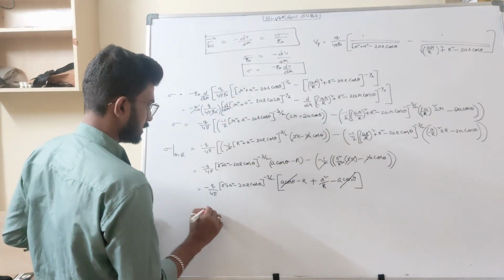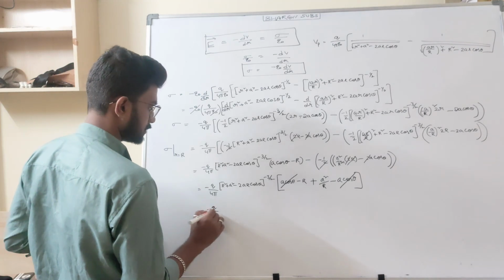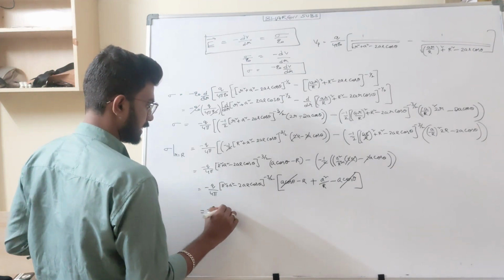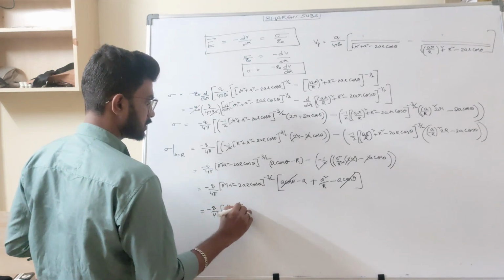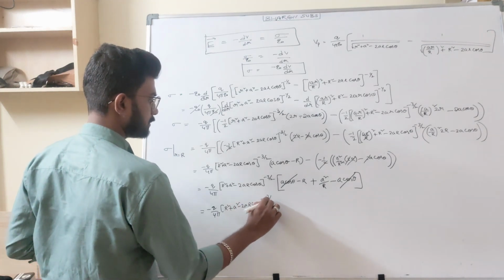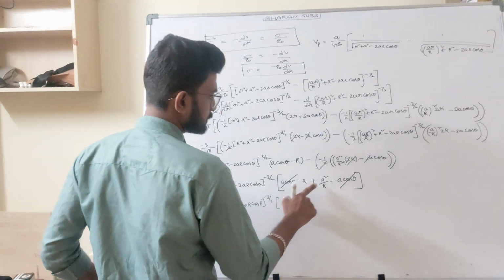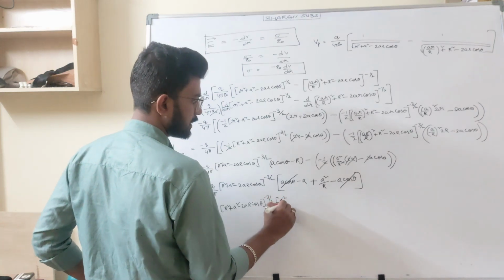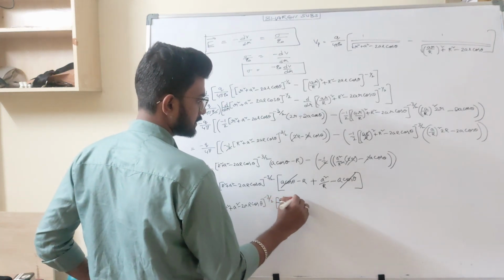So finally minus q by 4 pi r square plus a square minus 2ar cos theta whole to the power minus 3 by 2, a square by r minus r.